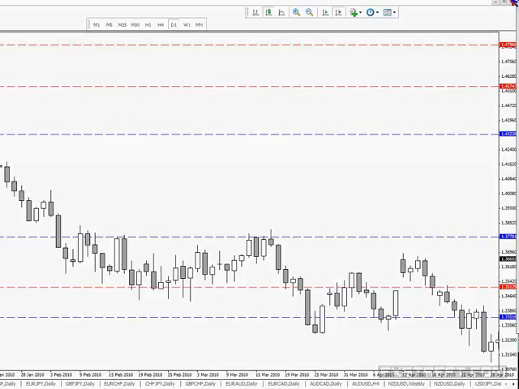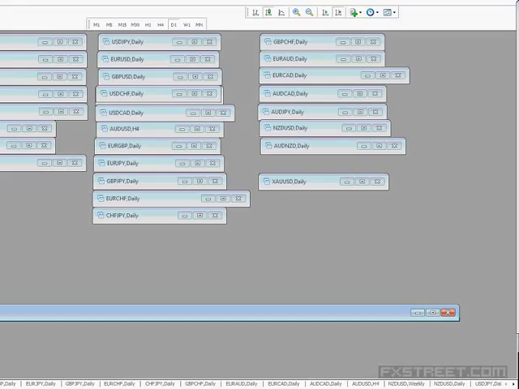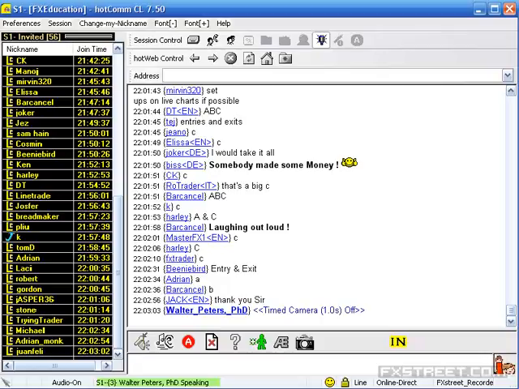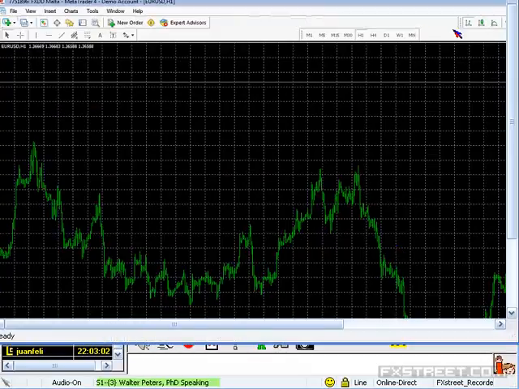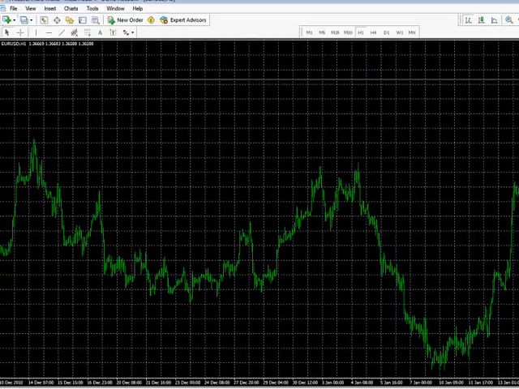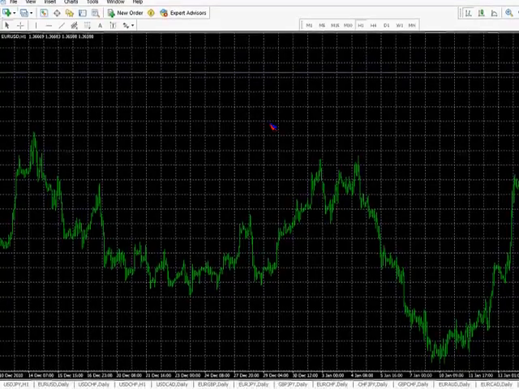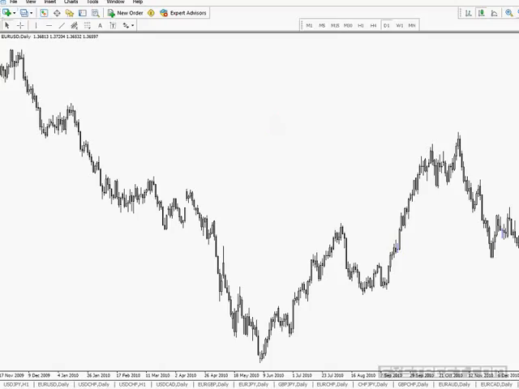Let me show you how I approach the markets. Basically, what I do is I'm going to set up a chart here, and what we have here is a Euro daily chart, and this is just basically how I set up my chart.